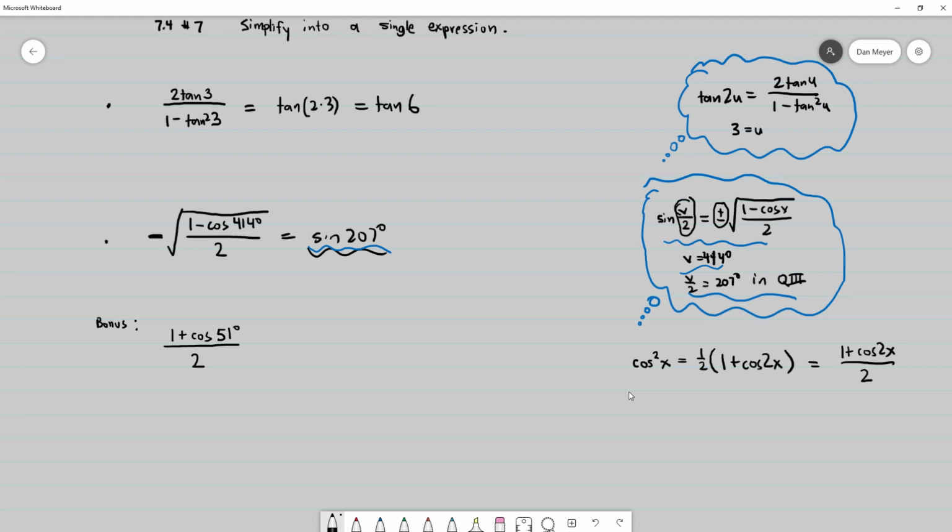And that's the form that our expression has. So it looks like 51 degrees is playing the role of 2x. And so x will end up being 51 degrees divided by 2, which is 25.5 degrees. So this will end up being cosine squared of 25.5 degrees.